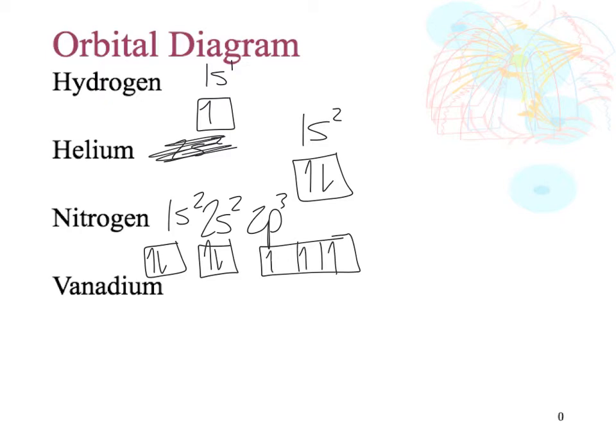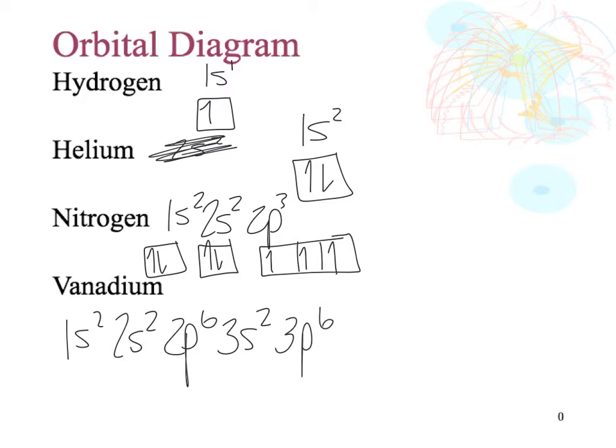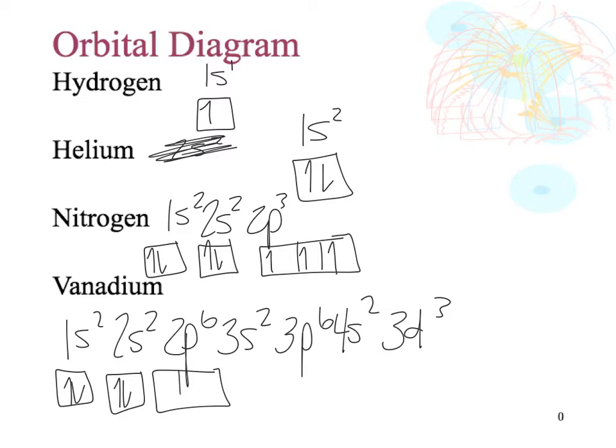I'm going to go all the way to vanadium, and vanadium would be 1s2, 2s2, 2p6, 3s2, 3p6, 4s2, 3d3. So that would be that orbital. I would draw 3 boxes here. 1, 2, 3, 4, 5, 6.